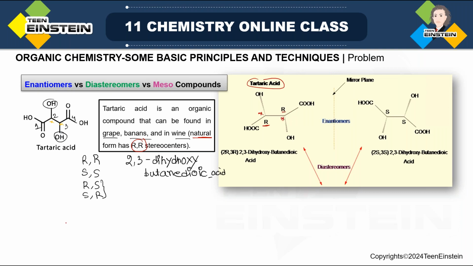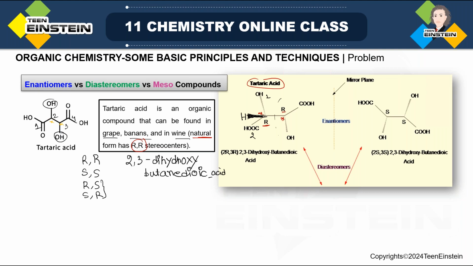And here you can see this hydrogen is actually above the plane. You can also check how it is R. Here the priority you have to give: the higher priority is for OH. So when you are moving from number 1, this will have number 2 priority, and this whole group will have 3.